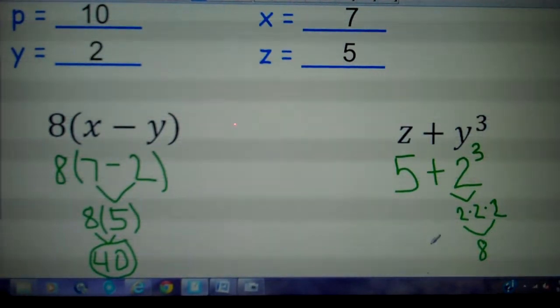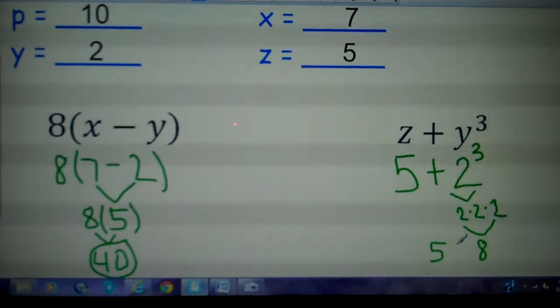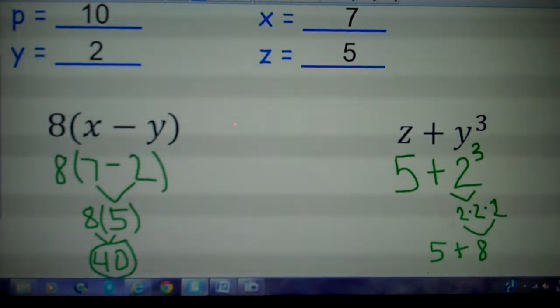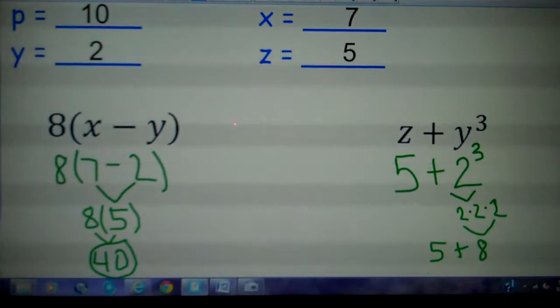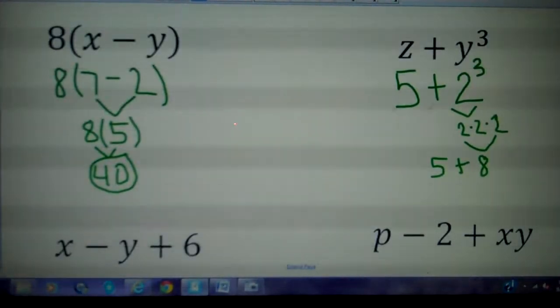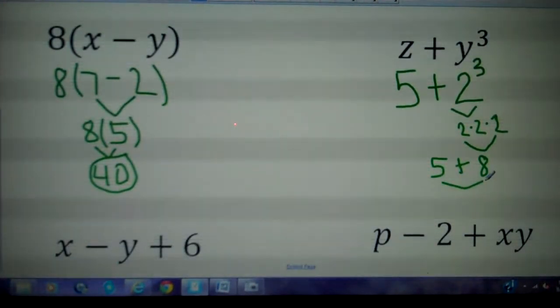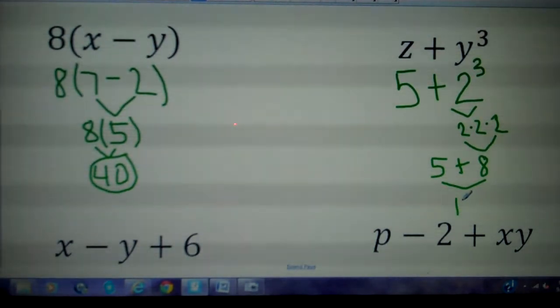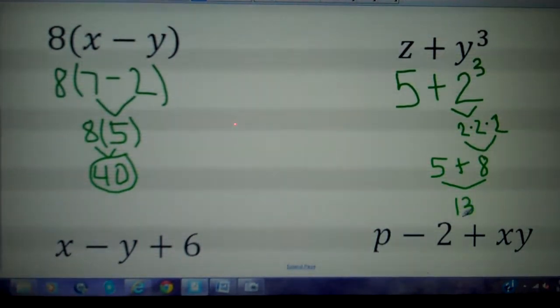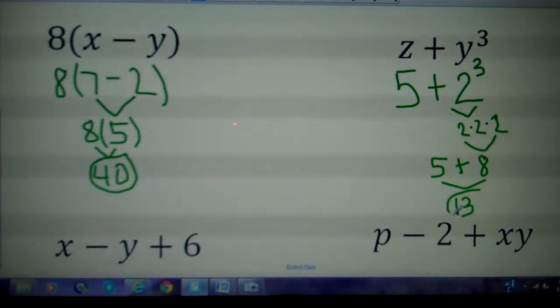So now it becomes 5 plus 8. And 5 plus 8 is 13. I'm going to circle my answer.